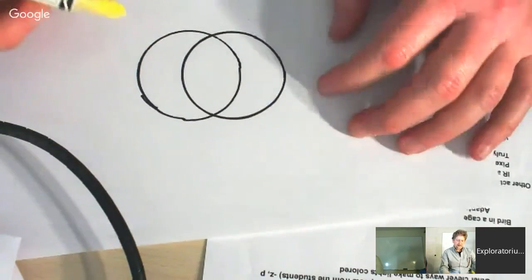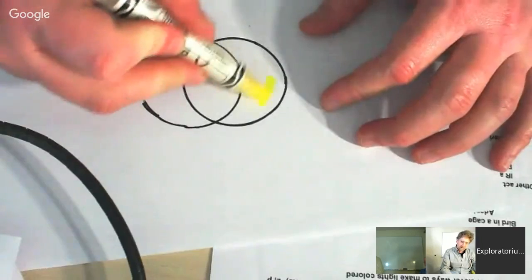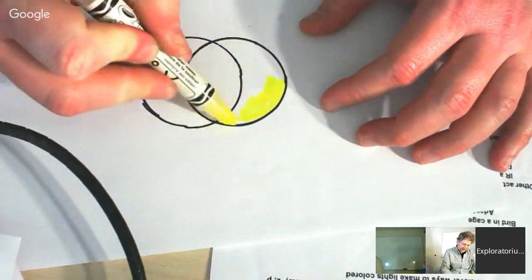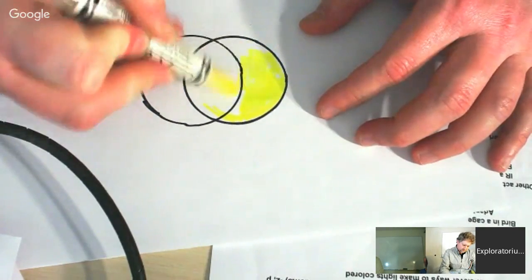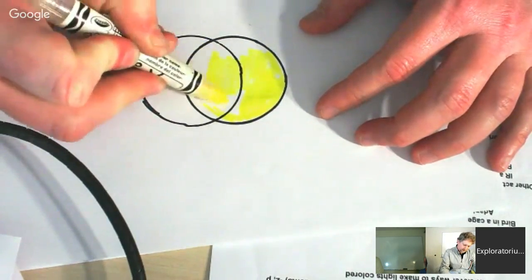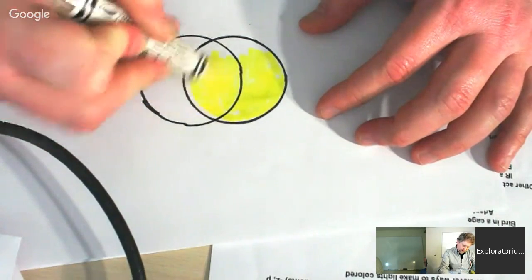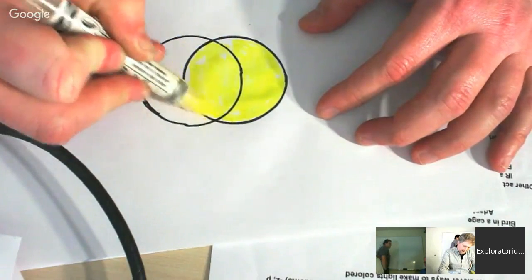So I have a marker here, a yellow marker, and I'm going to color in this very simple Venn diagram with this yellow marker. It'll take me just a second to fill it in. And so you'll probably notice that these markers look handmade, and that's because they are.